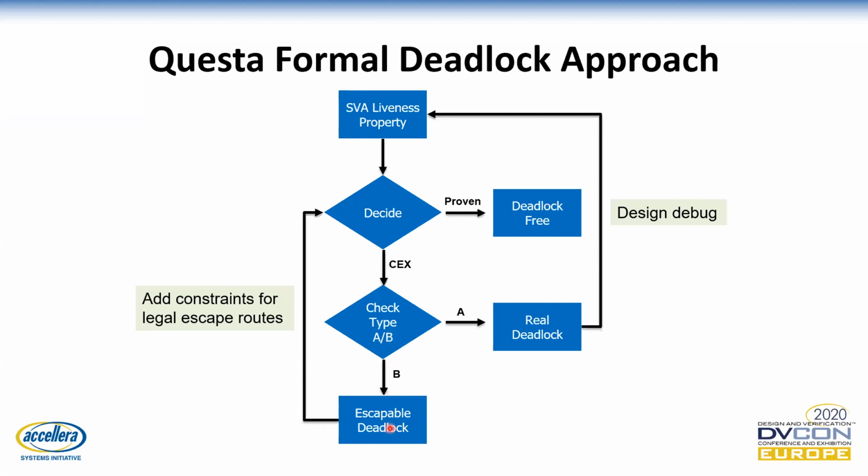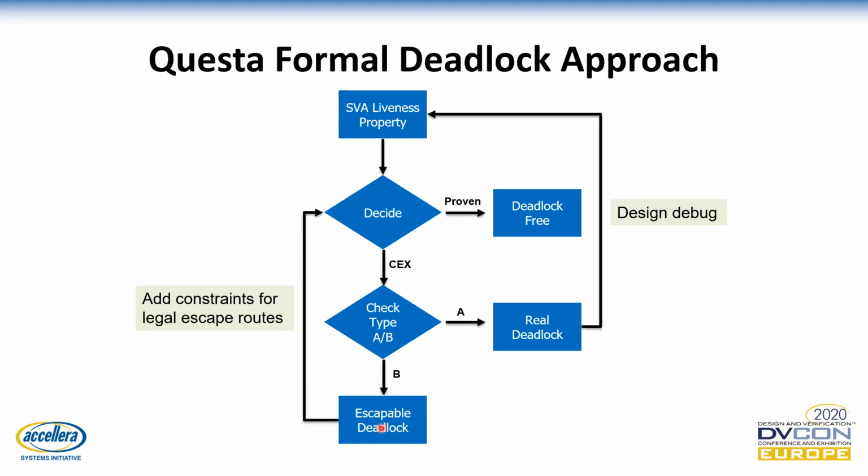And in this case, it gives you how to go out. It gives you a waveform showing how you can escape the deadlock, and you will see the condition that makes it possible to escape. Here your task will be to make sure that these conditions are actually legal.